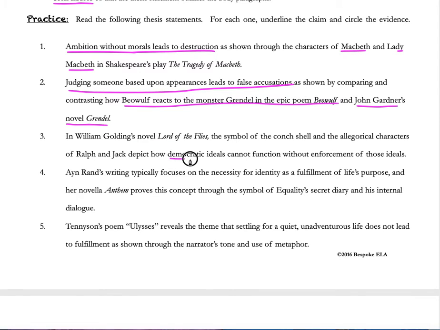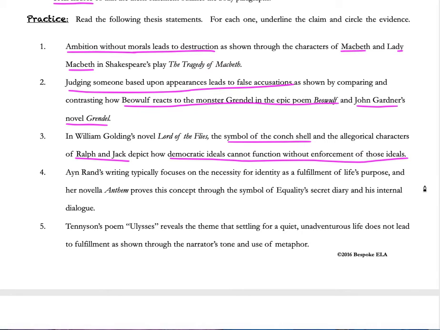It has a theme statement or claim, except it comes in the second half of the sentence. Democratic ideals cannot function without enforcement of those ideals. And our evidence is that we have this seen through the symbol of the conch shell and the characters of Ralph and Jack. So your thesis statement is going to have 3 pieces of evidence. All of these only have 2, but these are good models for you to follow.